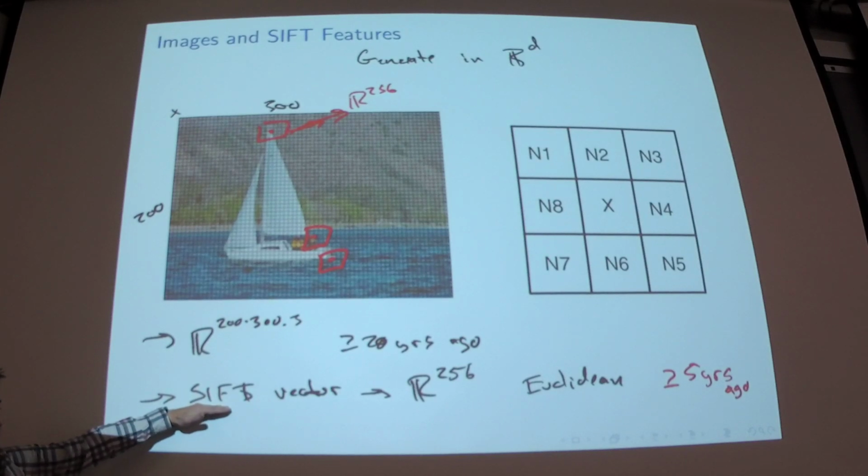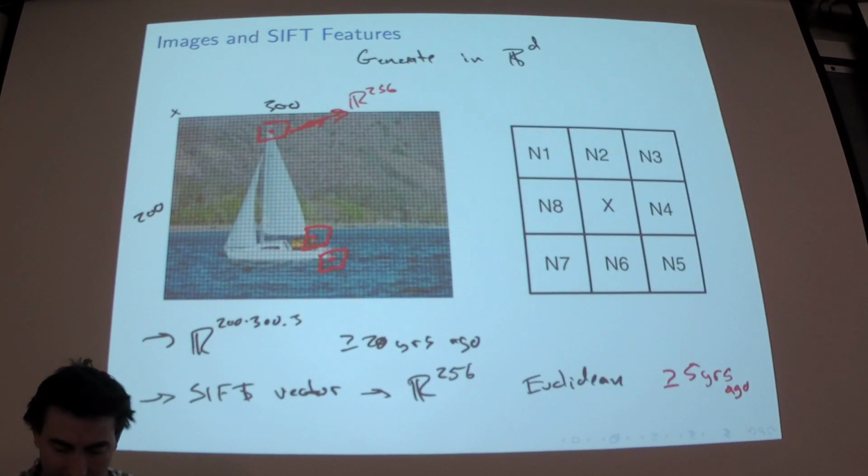Since 20 years ago there have been other variants which maybe work slightly better, and essentially what ImageNet and these other deep nets are doing is some variant on this at the beginning, but it's learning the parameters of it instead. So this is another place where these high-dimensional Euclidean vectors come from. I didn't want to say too much more about that.